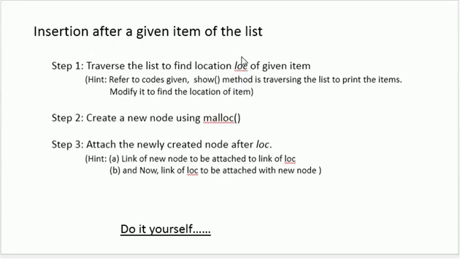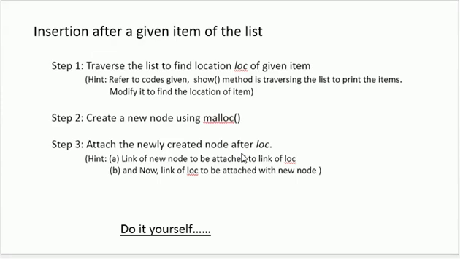So now create a new node using malloc, and whatever node you have created using malloc, attach it after the LOC. Right? So whatever new node you have created, link it to the link part of LOC, and now the link of LOC is to be attached with the new node. Right? So I leave this thing as an assignment for you.